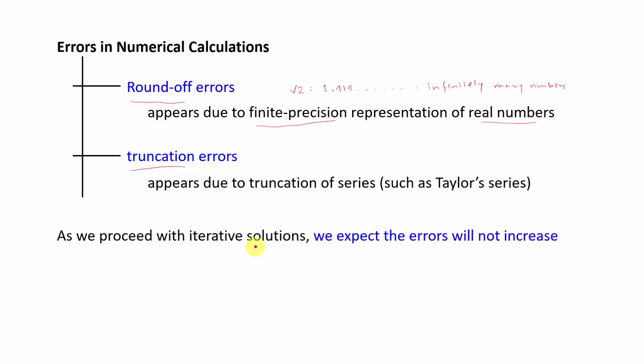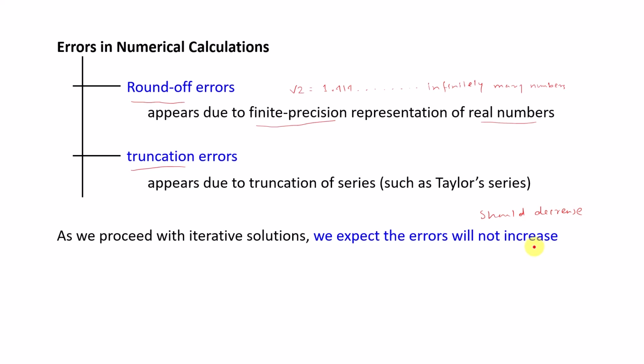In numerical methods, we hope that these errors which are coming from rounding off or truncation will not increase as we proceed with iterations. In fact, this should actually decrease. So in the worst case scenario, it will remain the same and it will not increase.